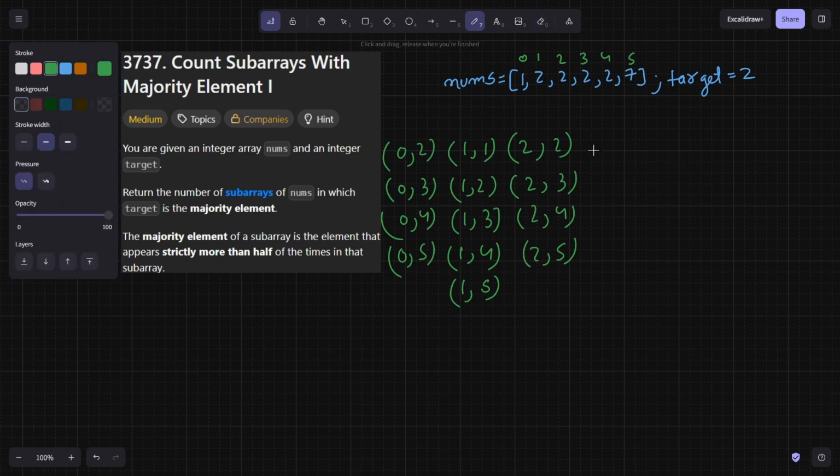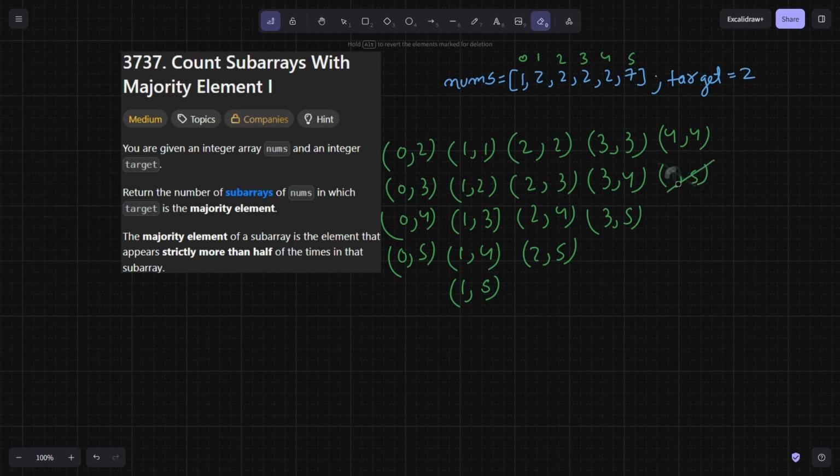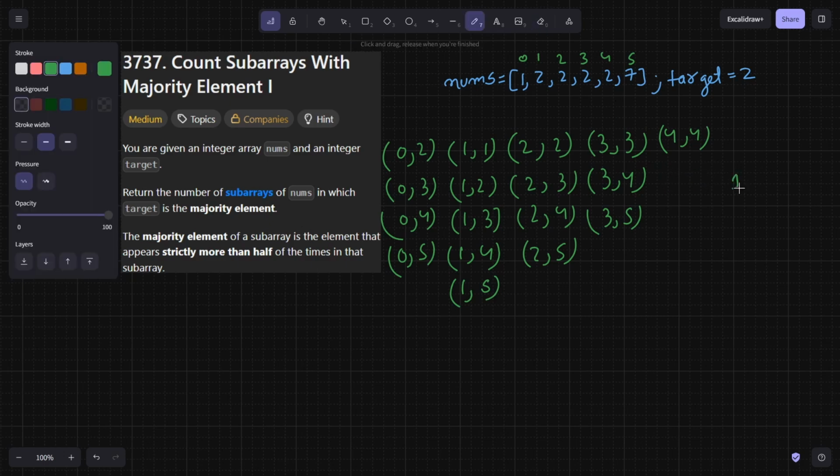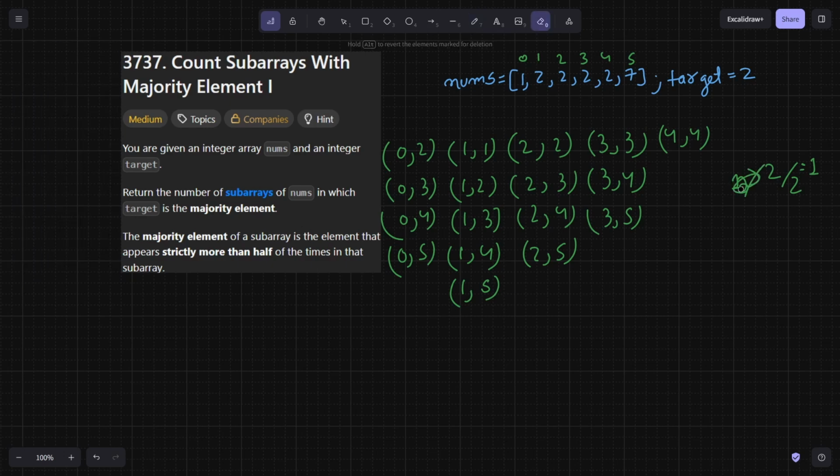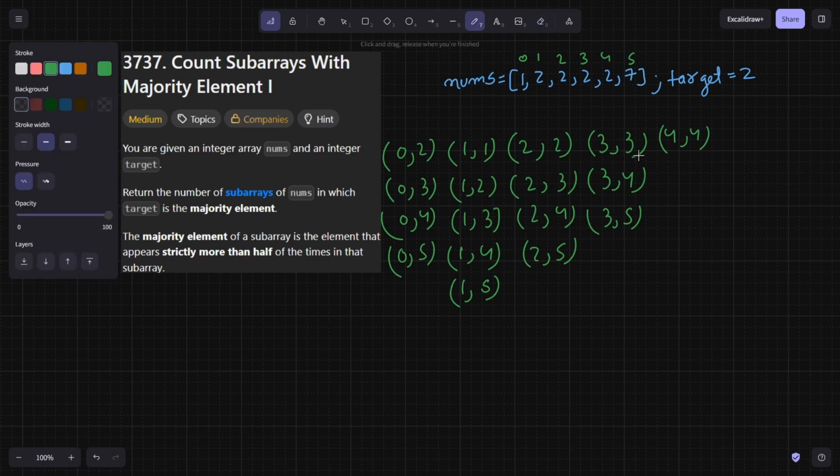And for 3 to 3, 3 to 4 and 3 to 5, it works, but 4 to 5 can't be a majority because the number of targets here is 1 and the length is 2. Okay, so 2 by 2 is 1, and 1 is not greater than 1. So 4 to 5 cannot be a majority subarray. Okay, so these are the subarrays.